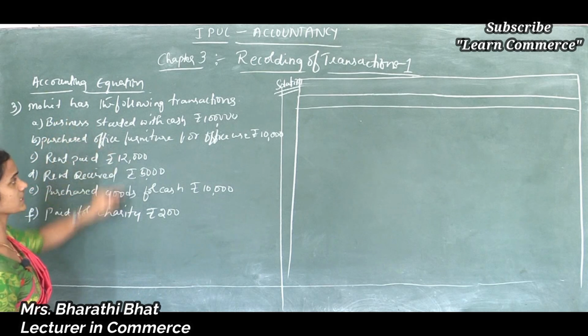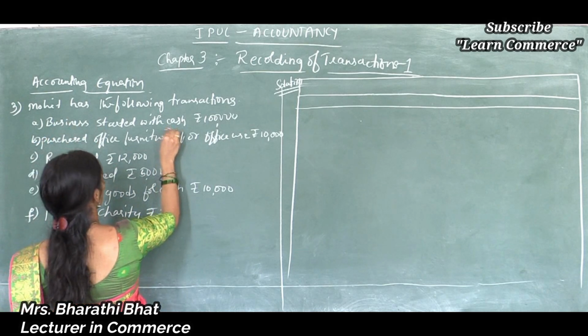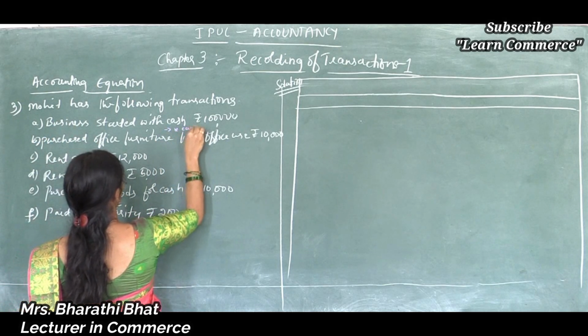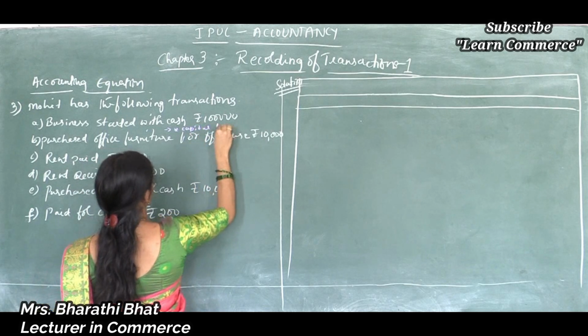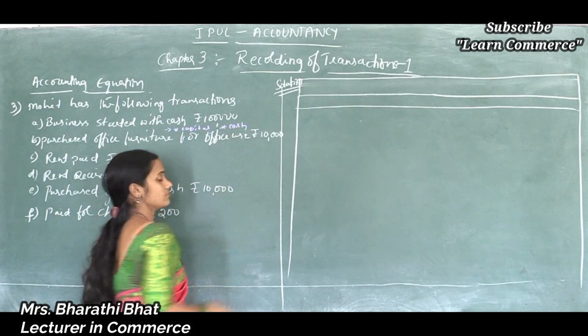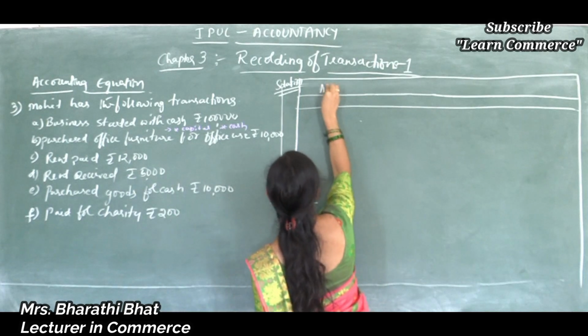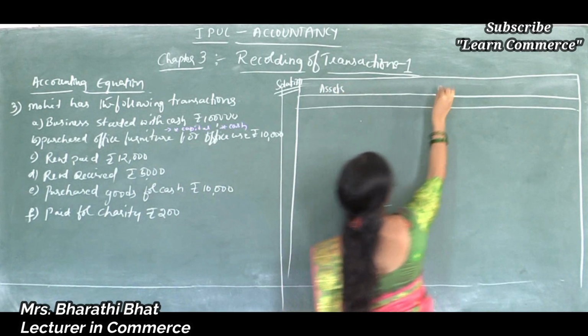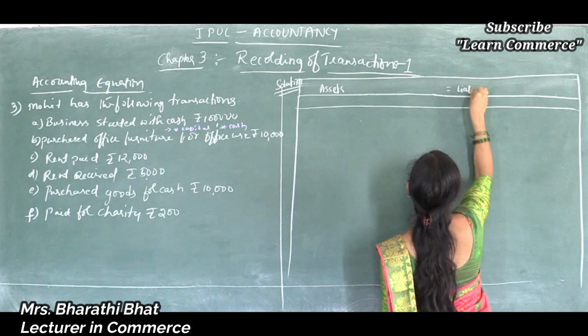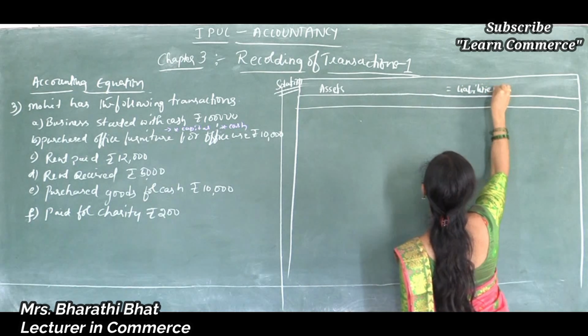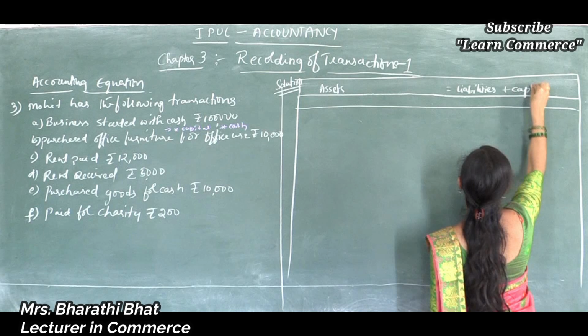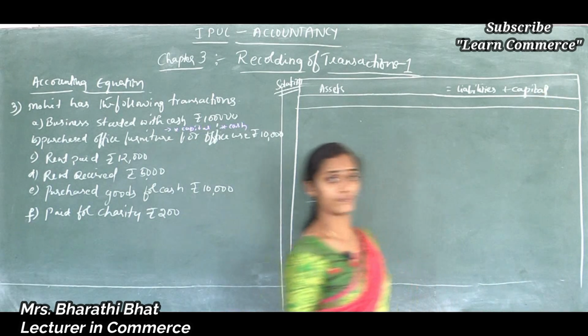So business started with cash. Here two accounts: one is capital, another one is cash. What is the accounting equation? Assets equal to liabilities plus capital.